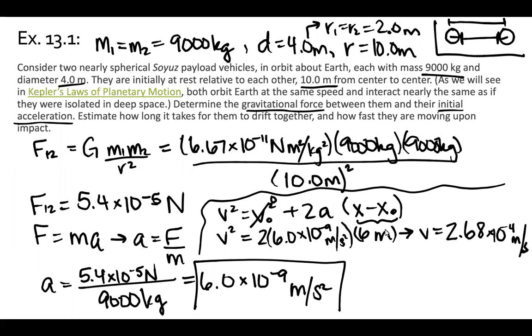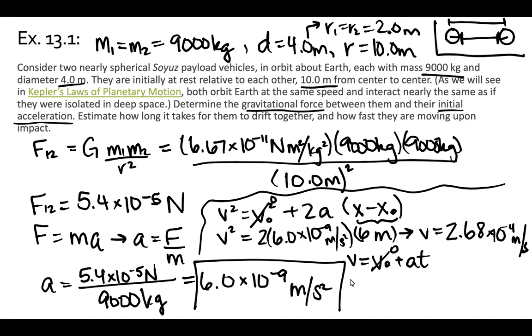Now with that, we can find how long it takes for them to actually drift together. So we have this equation, V equals V naught plus AT, and V naught again is 0, our initial velocity.